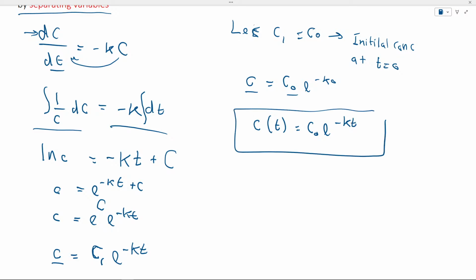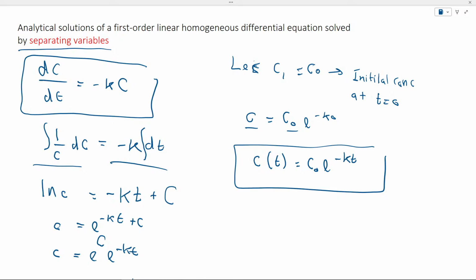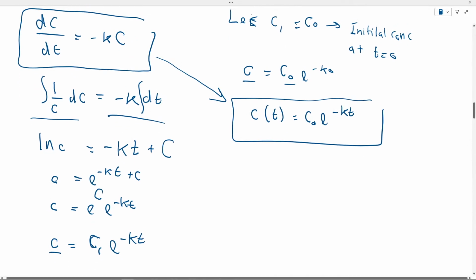So now here, see this guy, yeah, this is a differential equation that I was able to derive based on the conservation of mass. This is the analytical solution of this guy. Let me copy this here and try to solve it.